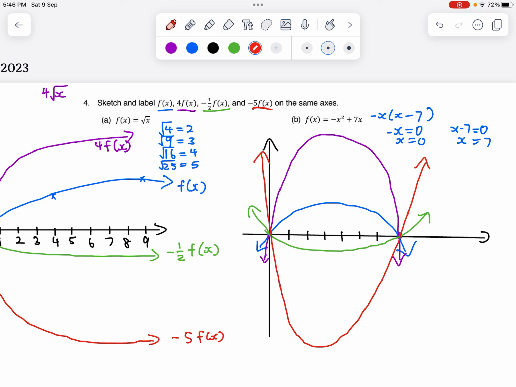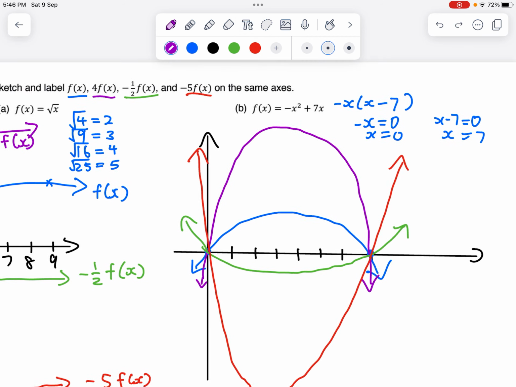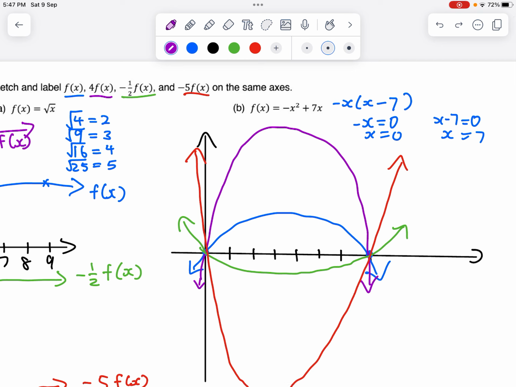Notice that they all have the same x-intercepts, because here we're just focusing on the stretch. And so when I label them, this would be 4 times f of x. The blue one is the original one. The green is -1/2 times f of x.